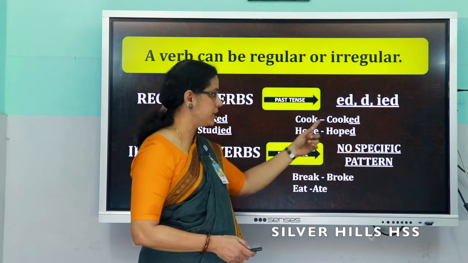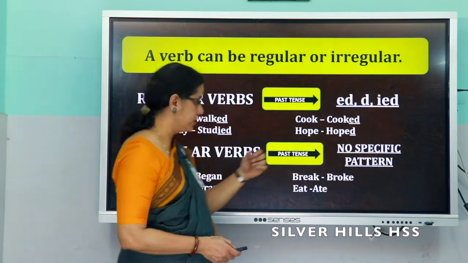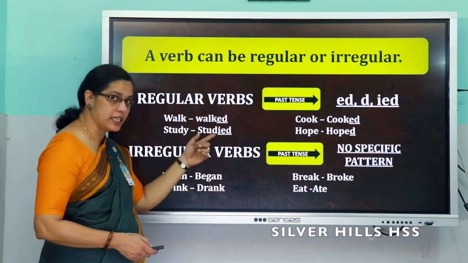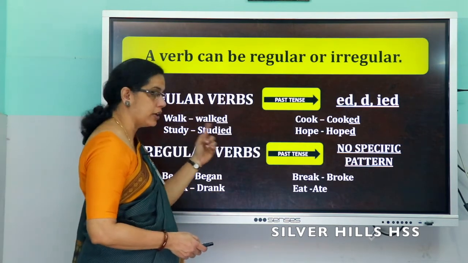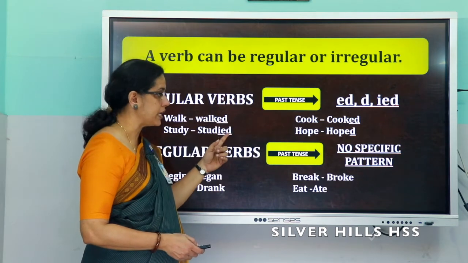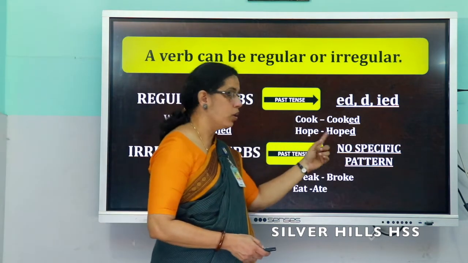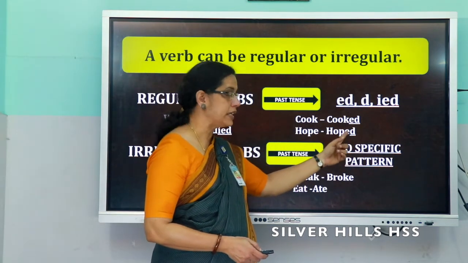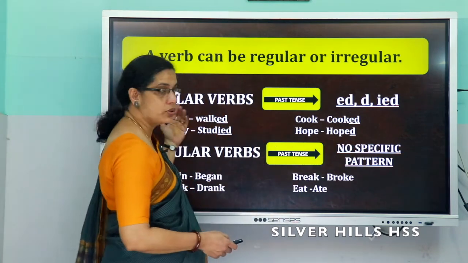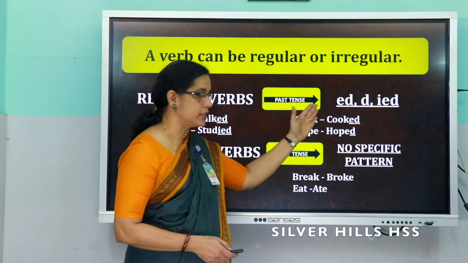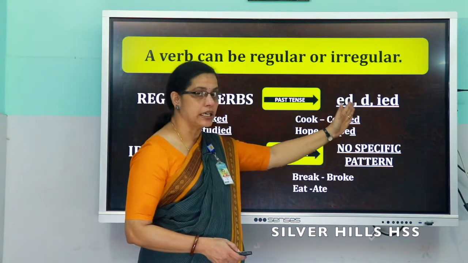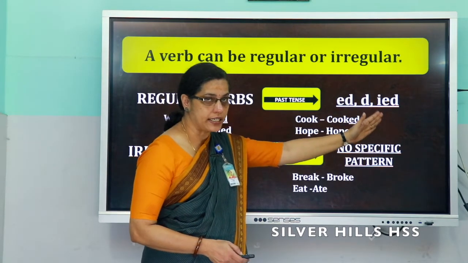That is, cook as present tense, cooked, past tense. Now, study, studied. We have added ied. Y is changed into ied. Then hope, hoped. We have added d. So, while changing the regular verbs to past tense, we just add ed, d or ied.